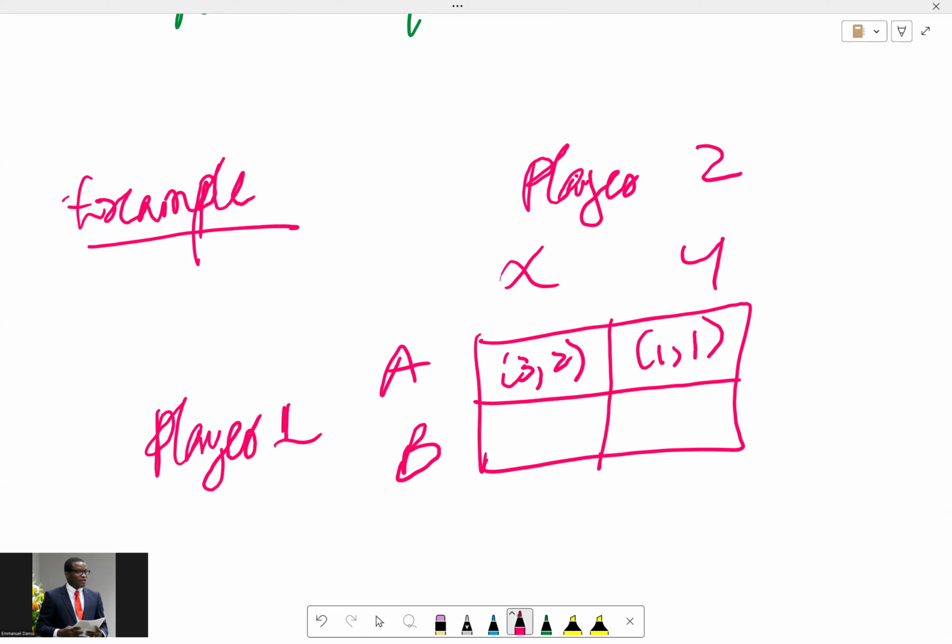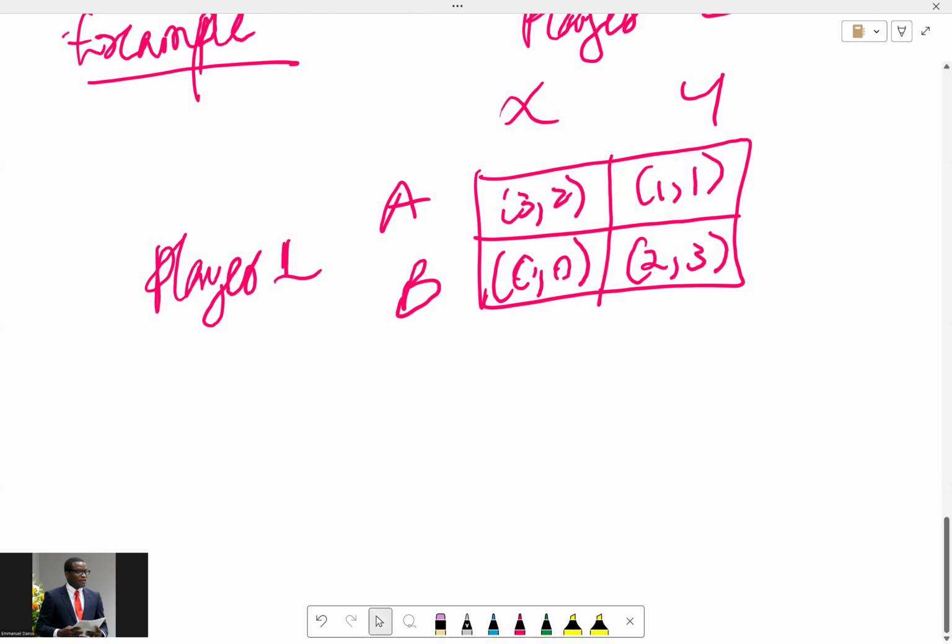Then next one, 1-1 for each of them, and 0-0 for each of them in this BX box. And then you have 2-3, 2 for player one, 3 for player two. So you have this kind of thing now.